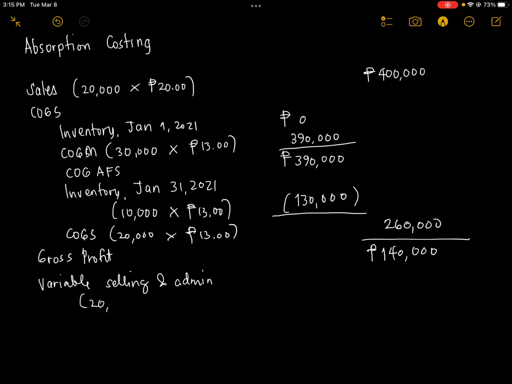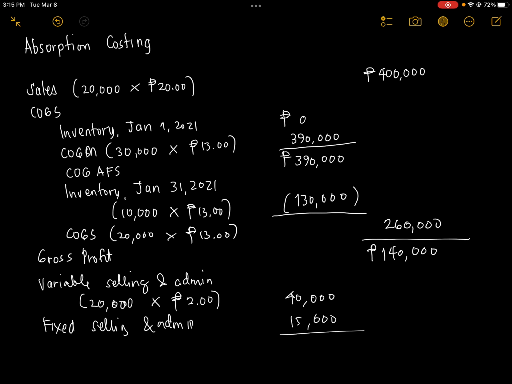The 20,000 units sold multiplied by the variable cost per unit, which is 2 pesos, gives you a value of 40,000. And then the fixed component of the selling and administrative expense, as given, is 15,000.